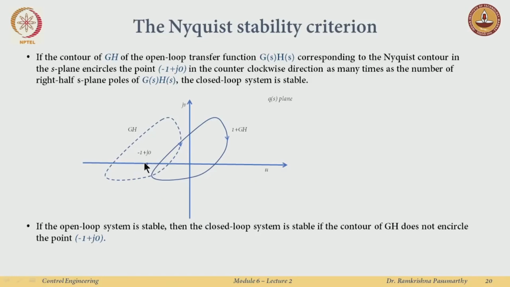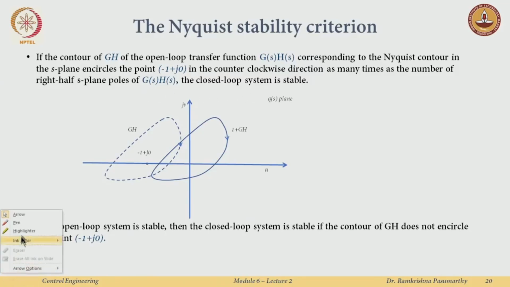Okay, so let us read the statement. If the contour GH of the open loop transfer function corresponding to the Nyquist contour encircles the point minus 1 plus J0 in the counterclockwise direction as many number of times as the right half plane poles of G times H, the closed loop remains stable.